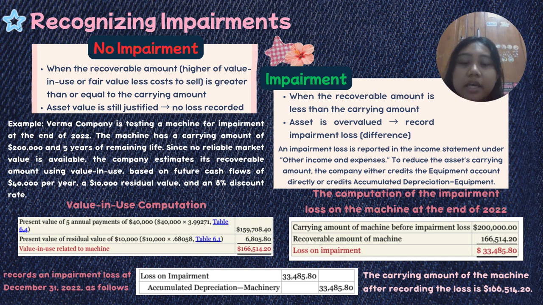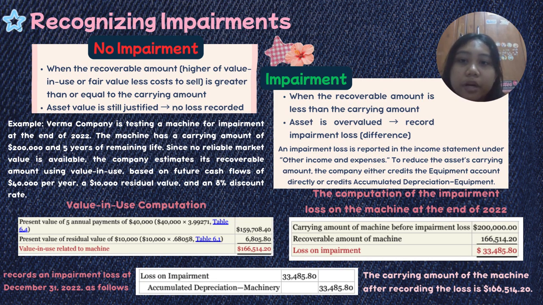This is the example. A pharma company is testing a machine for impairment at the end of 2022. The machine has a carrying amount of $200,000 and 5 years of remaining life.